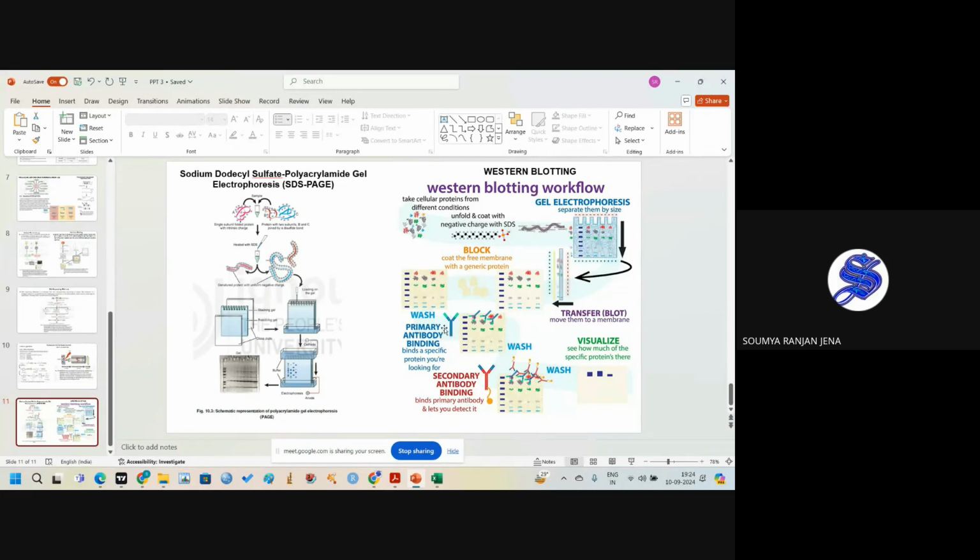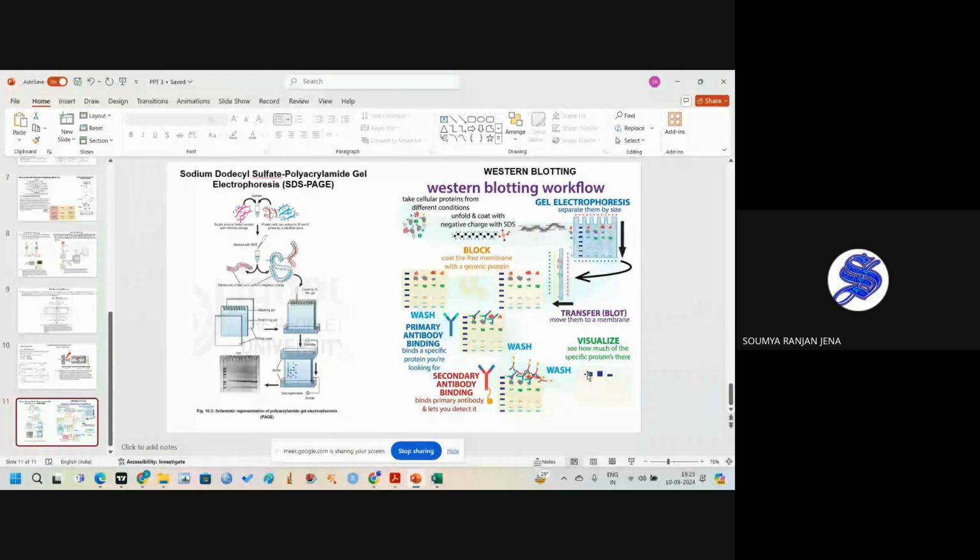This secondary antibody contains a fluorescence tag, and this tag gives rise to a signal, and you can see this is overexpressed, this is moderately expressed, this is underexpressed. You can compare normal cells with cancerous cells or other cells.